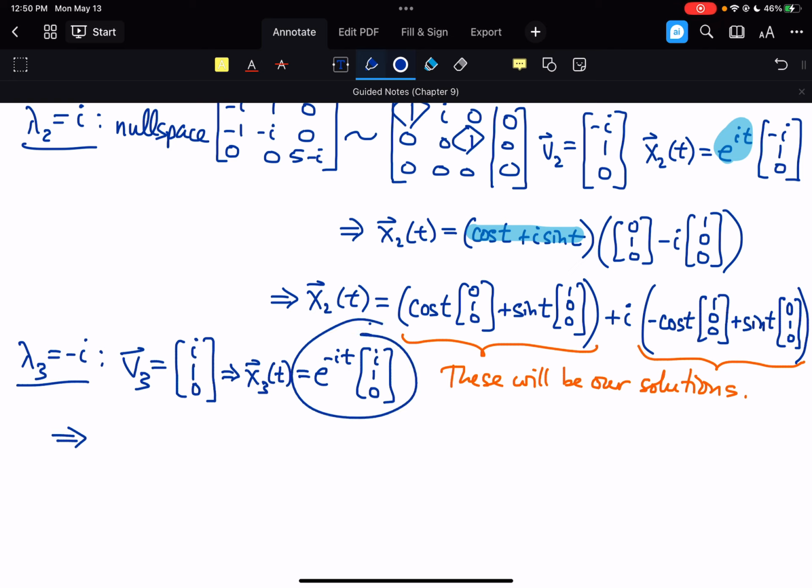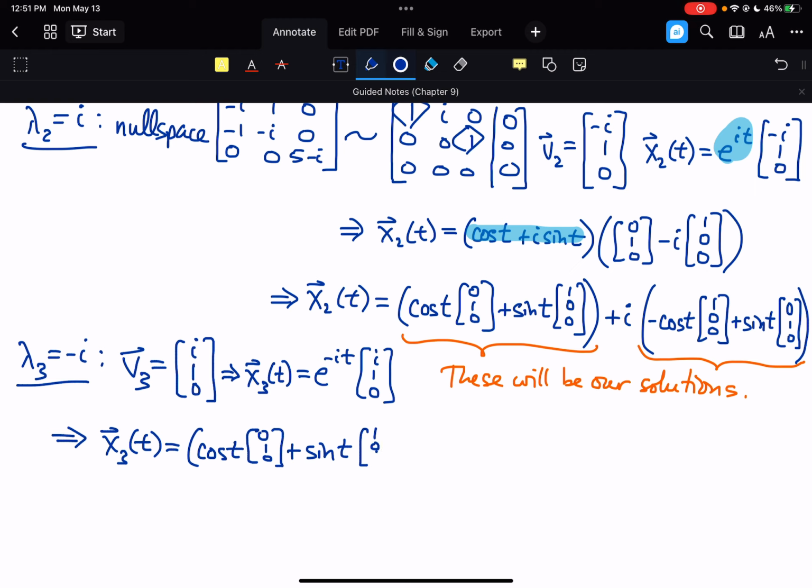If we approach this one the same way, x3 of t is cosine of t 0, 1, 0 plus sine of t 1, 0, 0, minus i times negative cosine t 1, 0, 0 plus sine t 0, 1, 0.